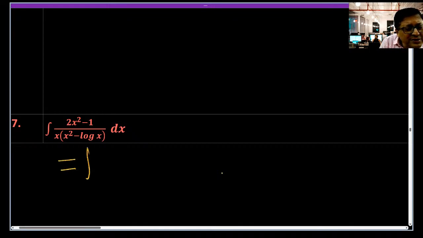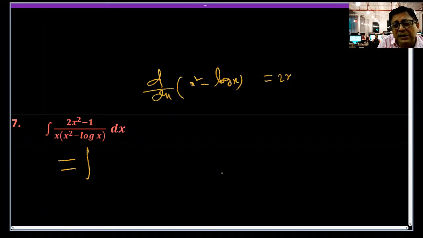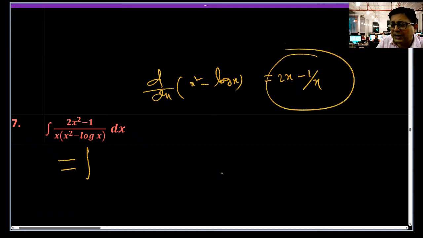So do one thing, just derivative of x square minus log x, you think about this first. It is 2x minus 1 by x. Is it there? 2x minus 1 by x. Can you see it there? No, not there. But we can get it on dividing by x.